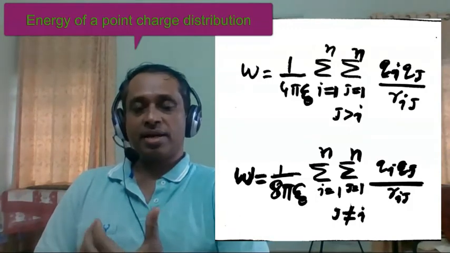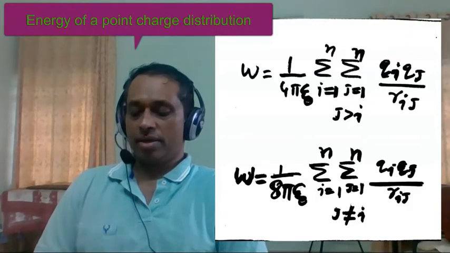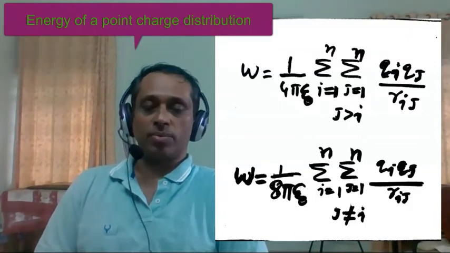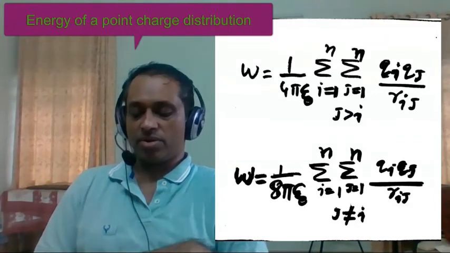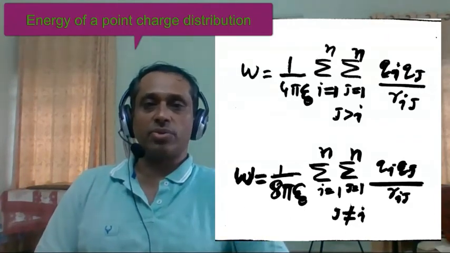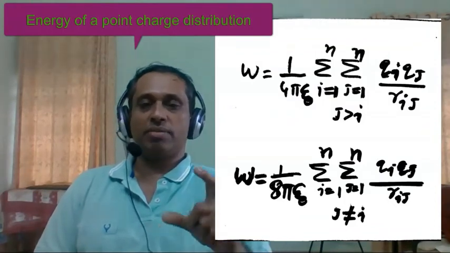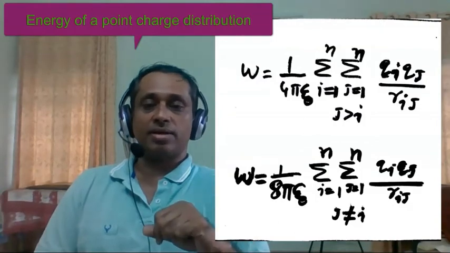Then we are writing it in another form. W equals 1 by 8 pi epsilon 0. See, the summation has changed: sigma i equal to 1 to n, sigma j equal to 1 to n. The condition is j not equal to i, Qi Qj by Rij. So here j greater than i is not there.